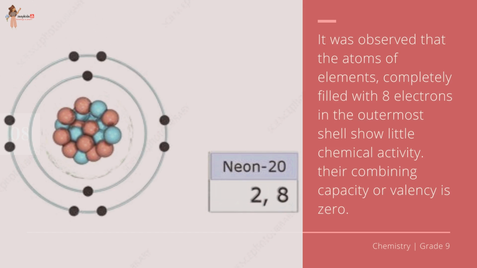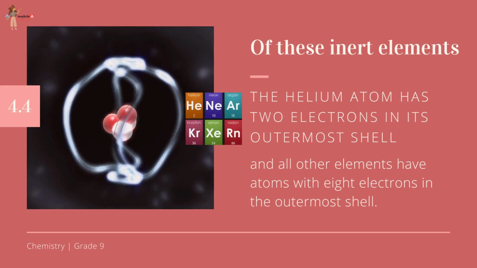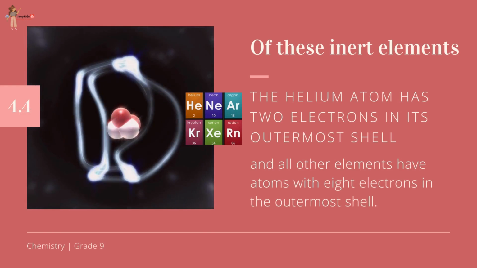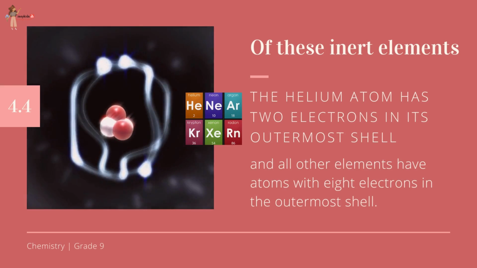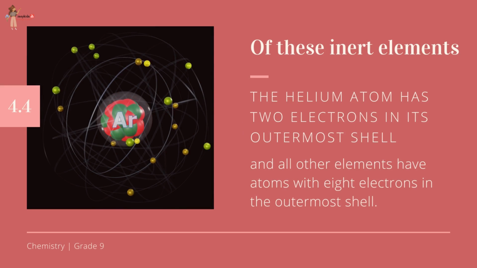It was observed that the atoms of the elements completely filled with 8 electrons in the outermost shell show little chemical activity. In other words, their combining capacity or valency is 0. Of these inert elements, the helium atom has 2 electrons in its outermost shell, and all other elements have atoms with 8 electrons in the outermost shell.